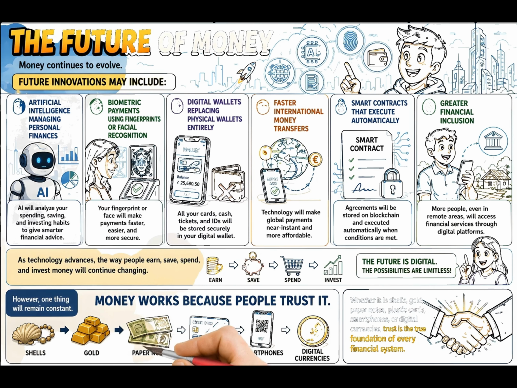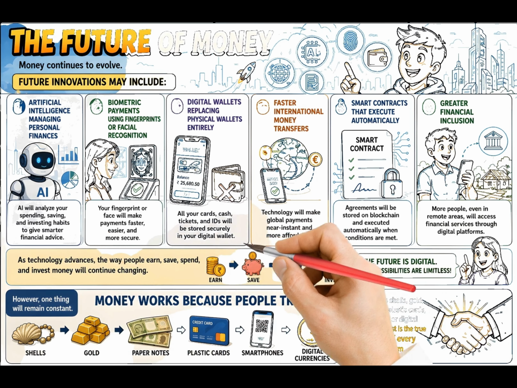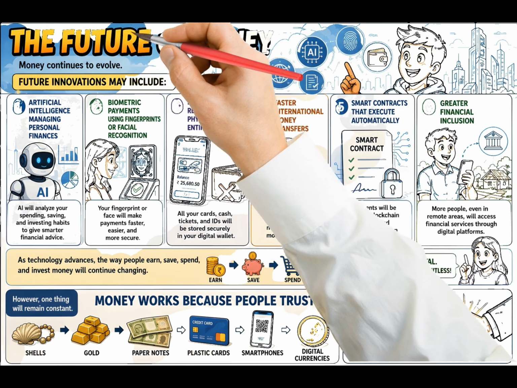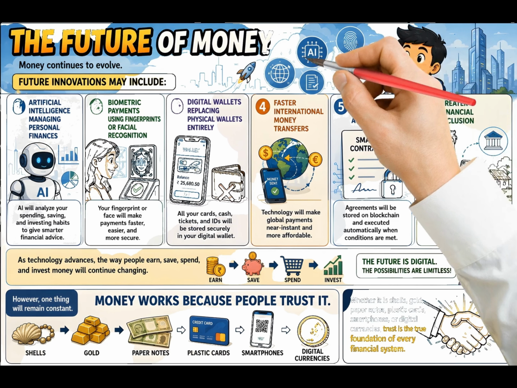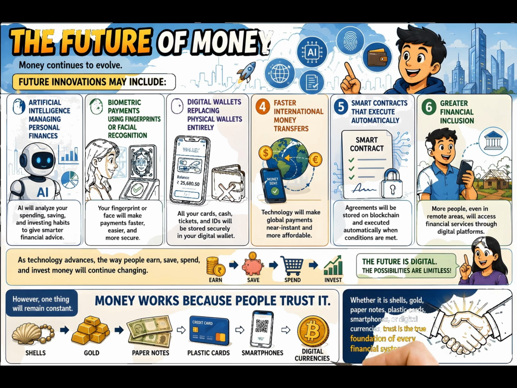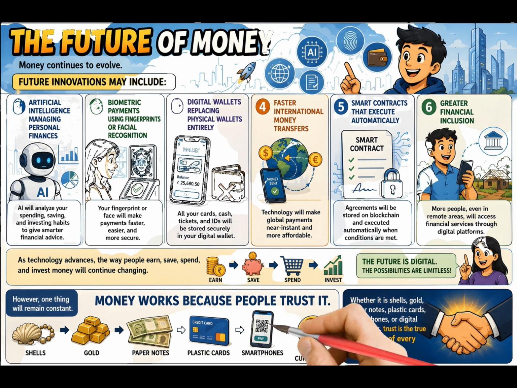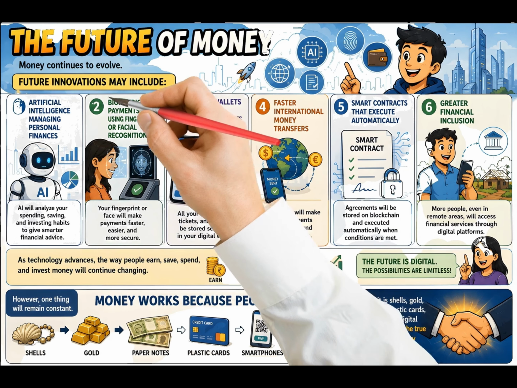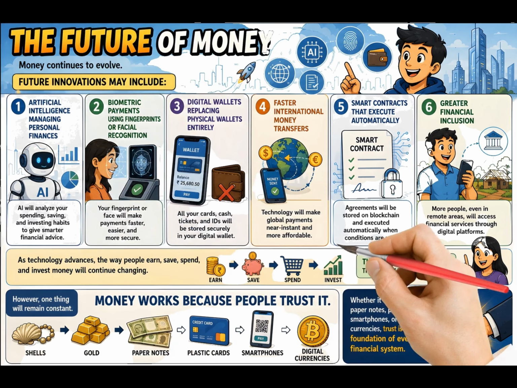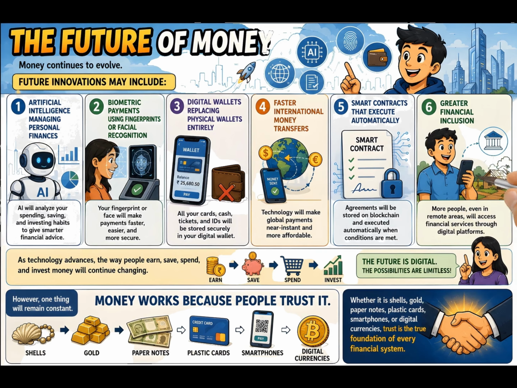Banks accelerated economic growth. Credit cards increased purchasing power. ATMs provided 24-hour banking. Online banking connected financial services to the internet. Mobile payments placed banks inside our pockets. Cryptocurrencies introduced decentralized finance, while central bank digital currencies combine digital convenience with government-backed stability.